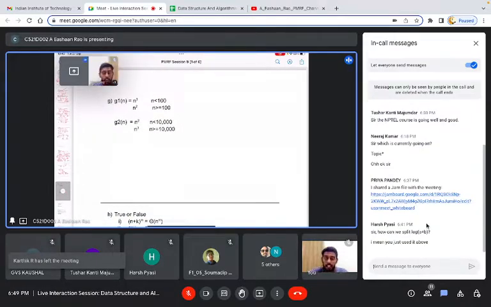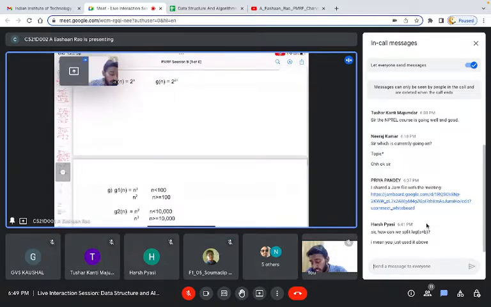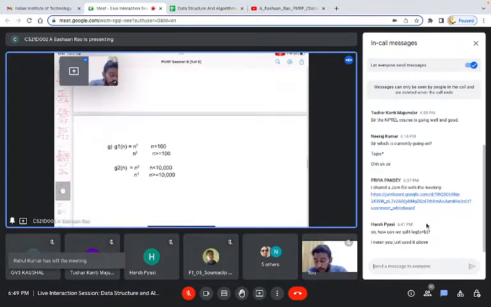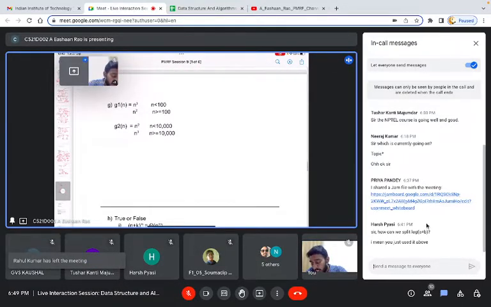So right now we have seen a particular function with no constraint, but here we have a function where for g1, n cube will be followed if the value of n is less than 100, and n square will be followed when n is greater than or equal to 100. In the g2 function, n square will be followed when n is less than 10,000, and n cube will be followed when n is greater than or equal to 10,000.